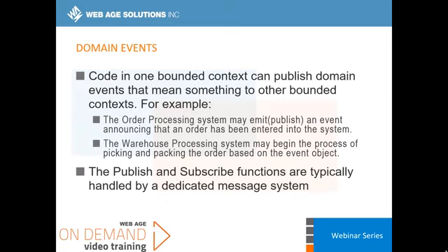So there are a number of ways for us to do publish and subscribe, to do messaging. The one thing that we're not going to do is probably any kind of sophisticated complex ESB thing. We'll do dedicated messaging between our bounded contexts.